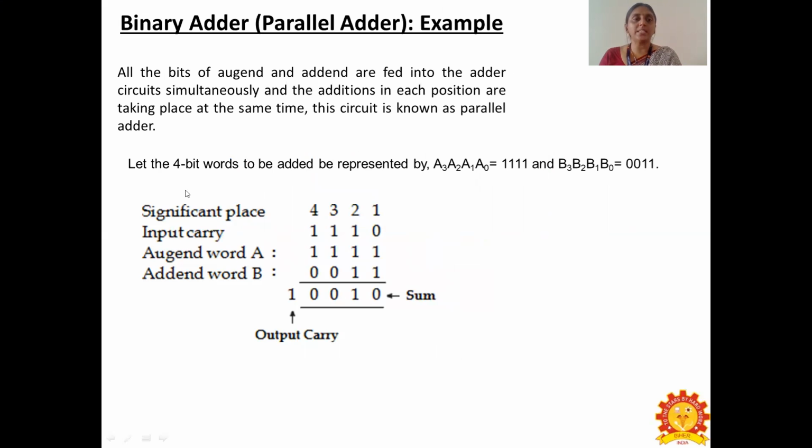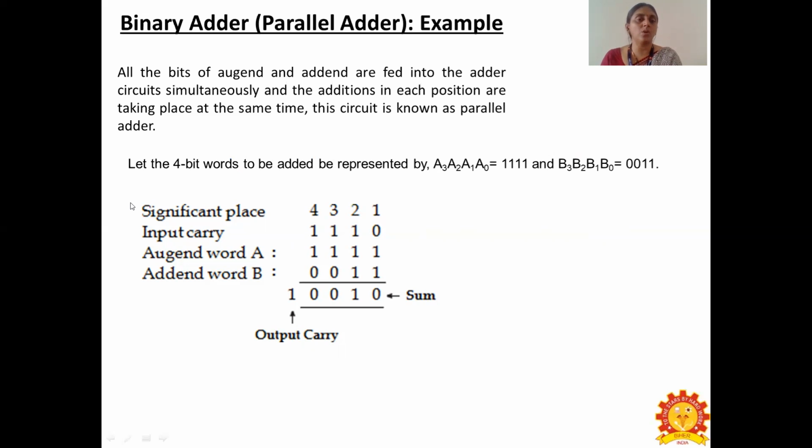And here is an example where we add 4-bit words represented by the form A0, A1, A2, A3. The first number we are going to consider is 1111, and the second number B, which is expressed as B0, B1, B2 and B3, is 0011.